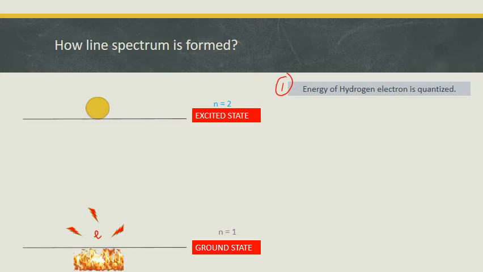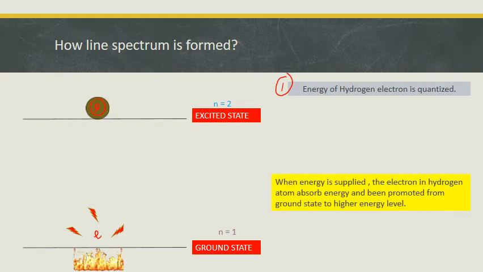That higher energy level kita panggil sebagai excited state. Maksudnya elektron tu sekarang bergerak daripada n sama dengan 1 ke n sama dengan 2. Okay. So when energy is supplied, the electron in hydrogen atom gains energy and is being promoted from ground state to higher energy level.